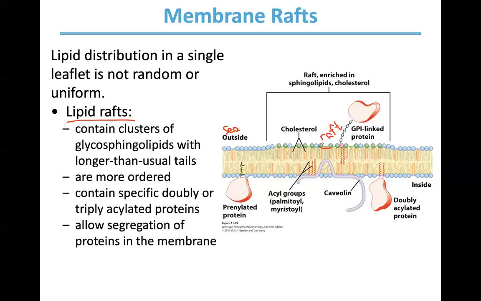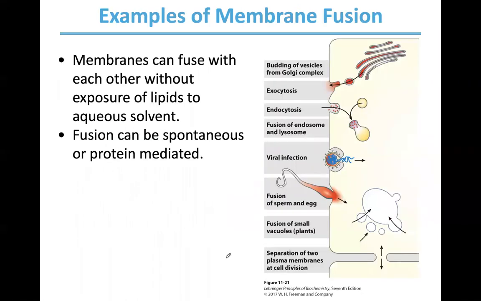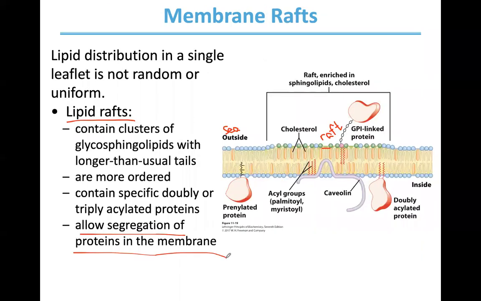In fact, they'll bring these proteins together and make these proteins participate in protein-protein interactions. So they allow segregation of proteins in the cell membrane. Any questions? So these are rafts.